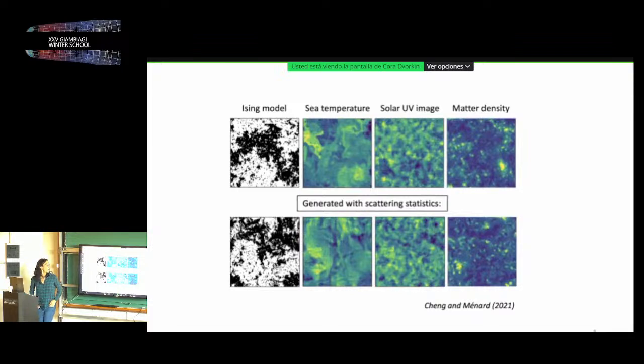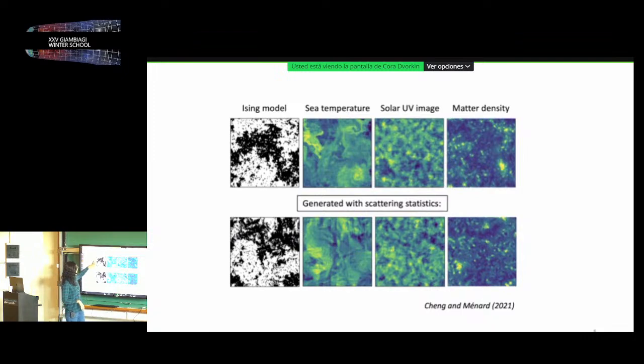So it was very nicely illustrated in this paper by Sihao Cheng and Brice Menard from Johns Hopkins, that the wavelet scattering transform can be very successful at characterizing non-Gaussian textures for a variety of different physical fields.